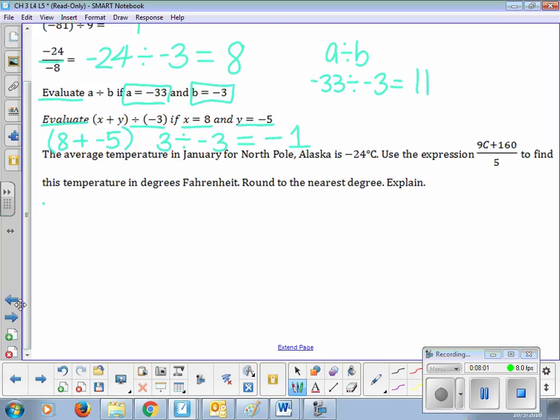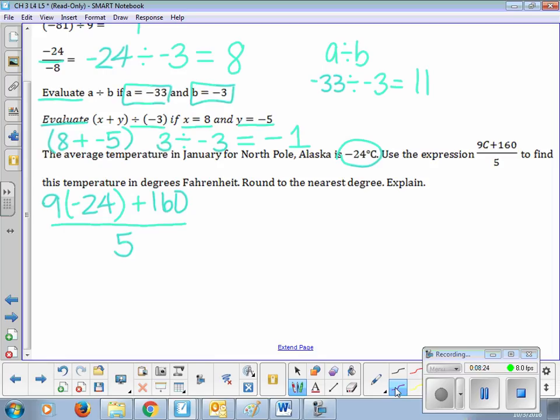So we want to plug in what value for C? Negative 24. So if we plug that in, we have 9 times negative 24 instead of C. We still have to add 160, and we're going to end up dividing that all by 5.